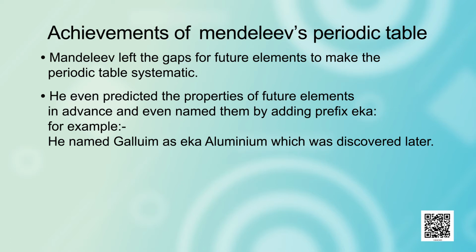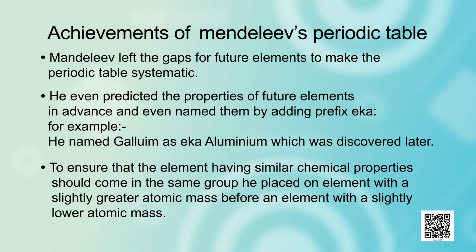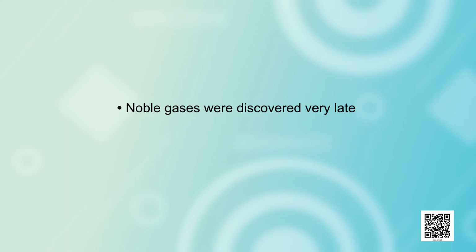To ensure that elements having similar chemical properties should come in the same group, he placed an element with a slightly greater atomic mass before an element with a slightly lower atomic mass. Noble gases were discovered very late because they are very inert.